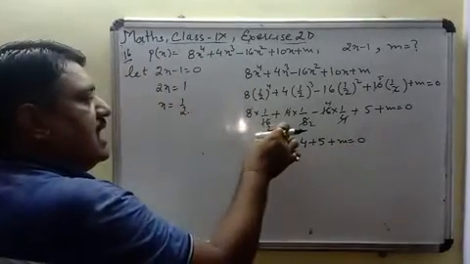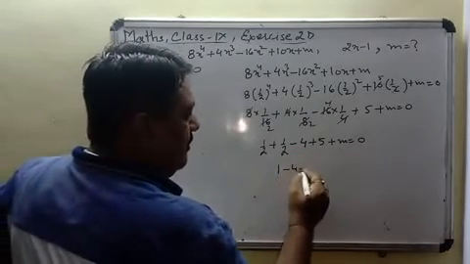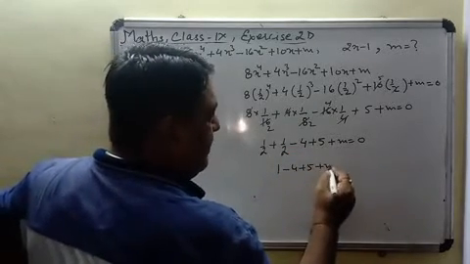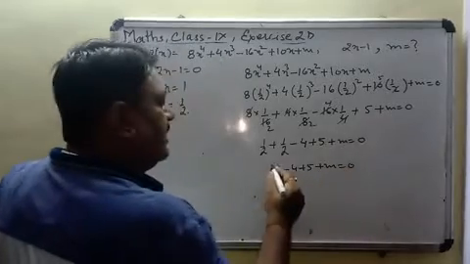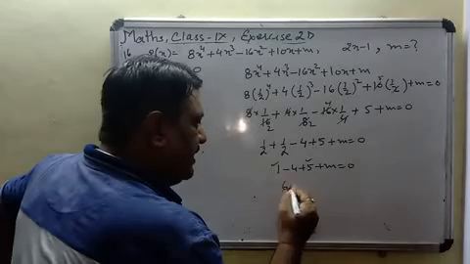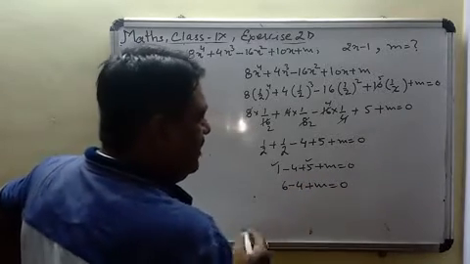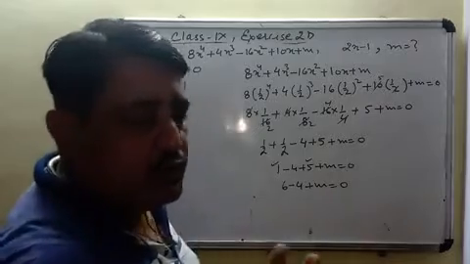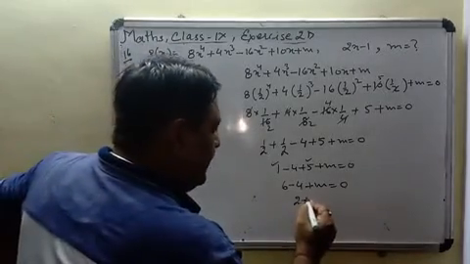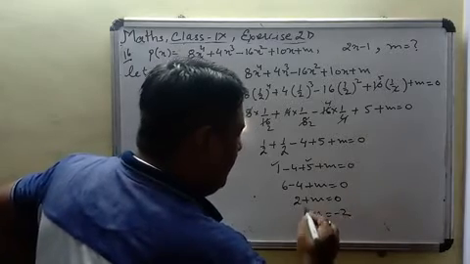See here, half plus half will become 1 minus 4 plus 5 plus m equals to 0. This 1 and this 5 are in positive form. They will be added, 6, and this is minus 4 plus m equals to 0. 6 minus 4 is 2. So this is 2 plus m equals to 0. Therefore our m is minus 2.